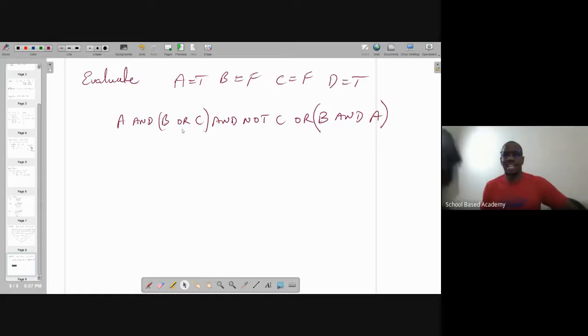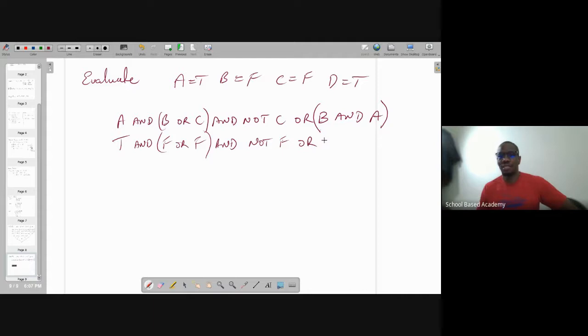All right, again, we have to substitute. So we put true and false or false, and this is supposed to stay in brackets, not false or what?